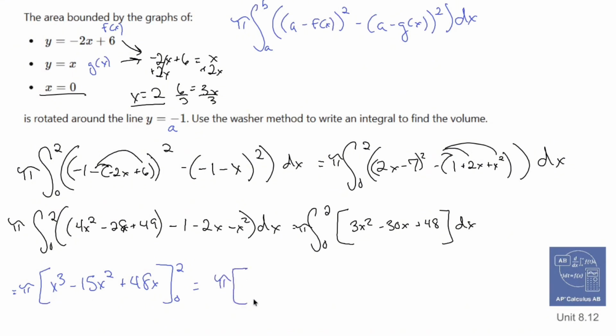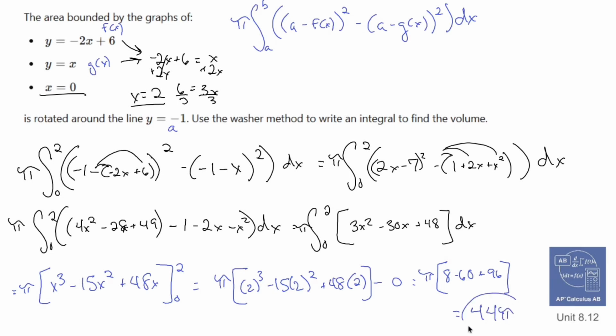Pi times 2 cubed minus 15 times 2 squared plus 48 times 2, minus, plug in 0, you get 0. Pi times, you become 8, you become minus 60, you become plus 96, and when all is said and done, 44 pi.